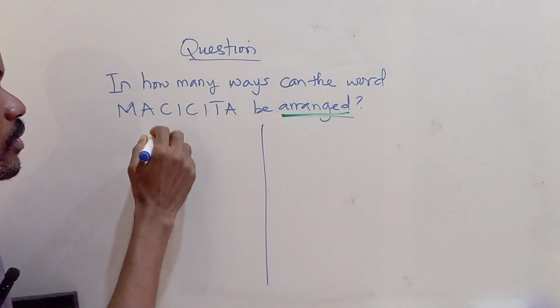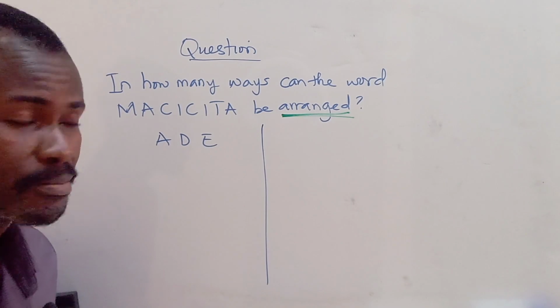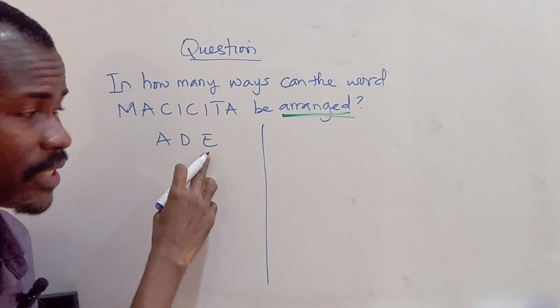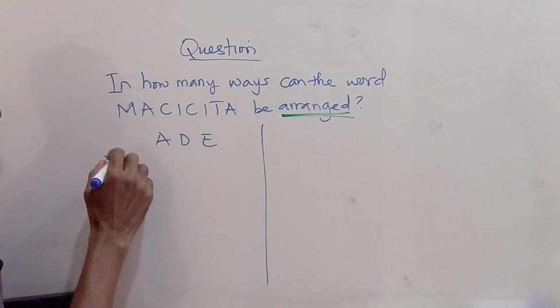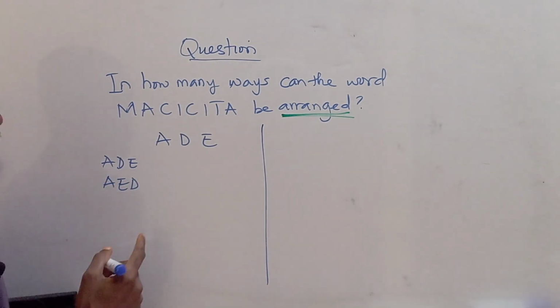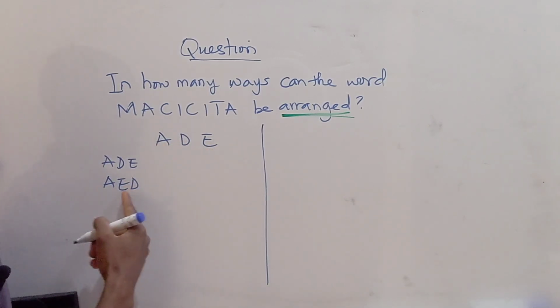If we have the word ADE, let's arrange it manually. For us to arrange this word in different ways, we can start with A and say DE, or say A and ED. So ADE or AED.